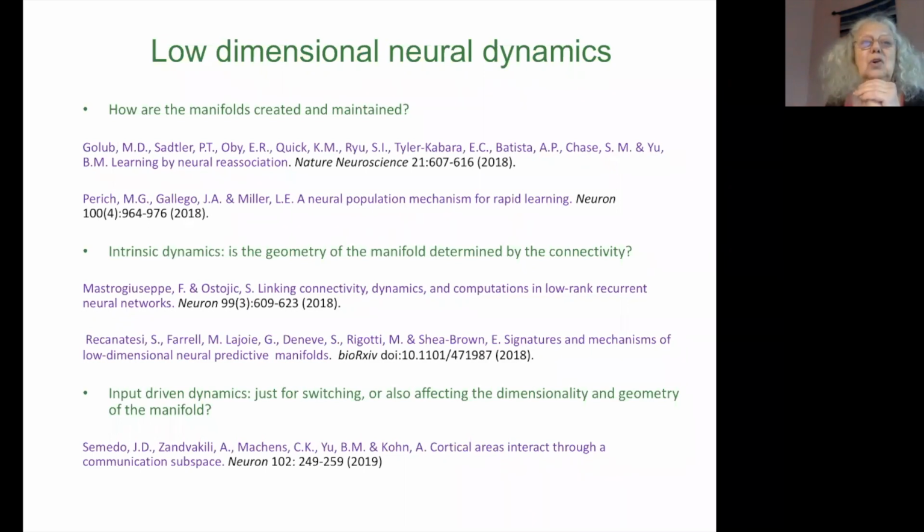So in this view of low-dimensional neural dynamics acquired by learning and task-specific, we can be pretty relaxed about problems of capacity because we have this enormously high-dimensional neural space, and within it we have these low-dimensional manifolds that could be flat, could be curvy, could be very curvy, and they are not even fully explored.